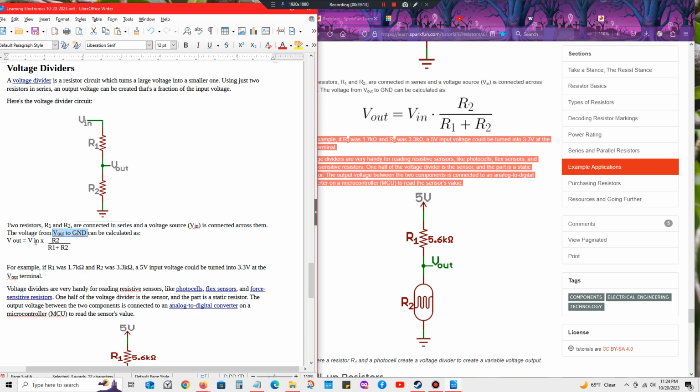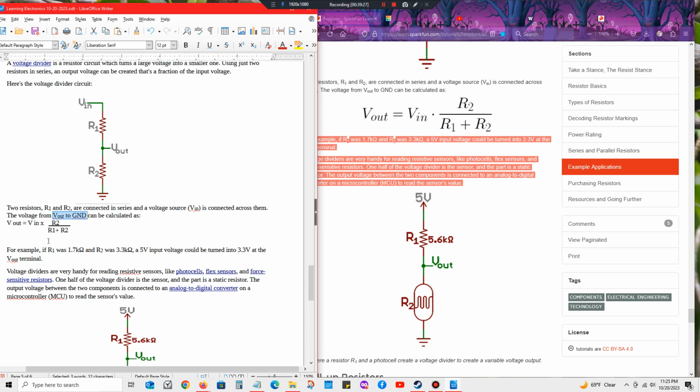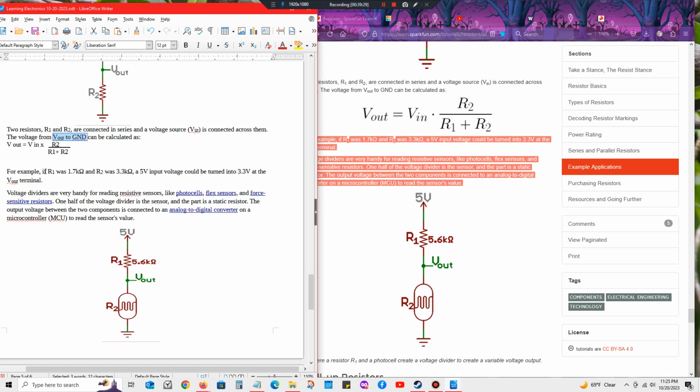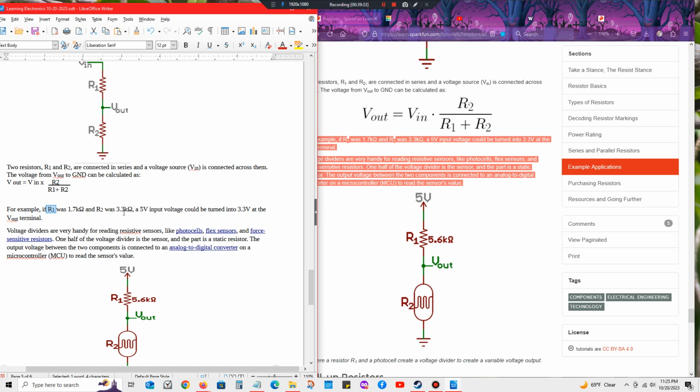So the voltage in, my bad, times R2, divided by R1 plus R2 combined. I'm a little distracted. And then this one, so if R1 was 1.7K and R2 was 3.3K, and you have a 5 volt input voltage, it can be turned into 3.3 volts at the V out terminal to ground.